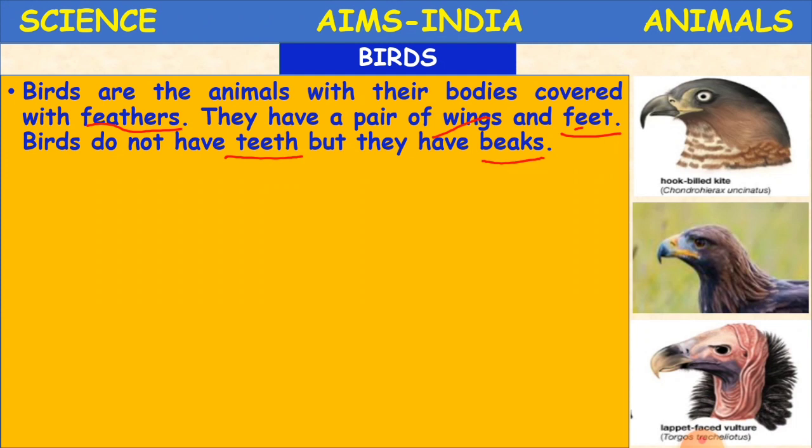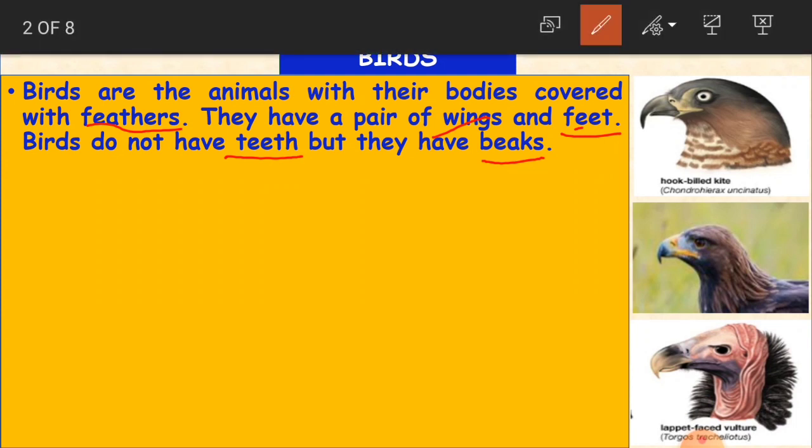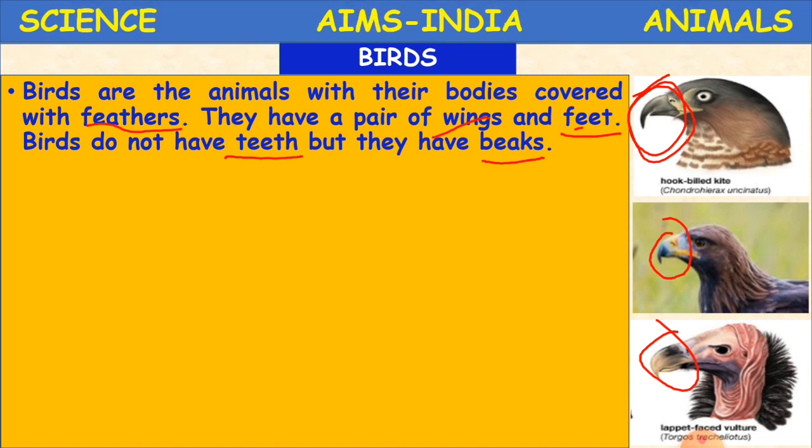Then how can they eat? They have beaks. Because of the beaks, they can eat their food. This beak works as teeth for them. Can you see here? This part is known as the beak.